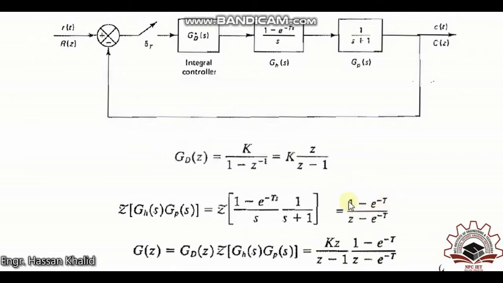This is the z transform of this plant along with the zero order hold, and finally the overall open loop transfer function of this whole system G of z is given by Kz over z minus 1 into 1 minus e raised to power minus T divided by z minus e raised to minus T, where T is the sampling time, and according to this question, it's defined as 0.5 second. So you can also change it further to 1 second or 2 seconds according to your condition.